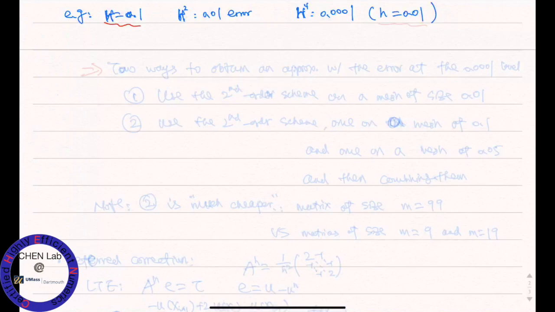That means there are two ways to obtain an approximation with the error at the 0.0001 level.